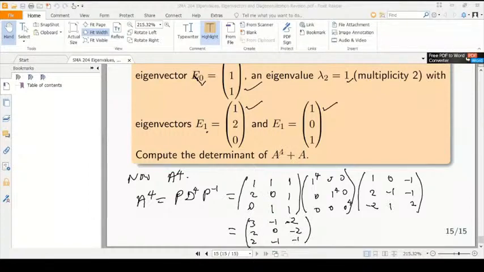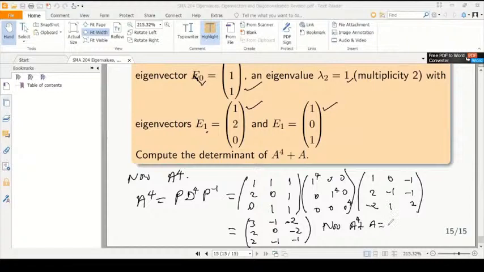But what the question wants is A raised to 4 plus A. So we take this A raised to 4 plus A. When you just add these two matrices, it's very easy to add matrices.